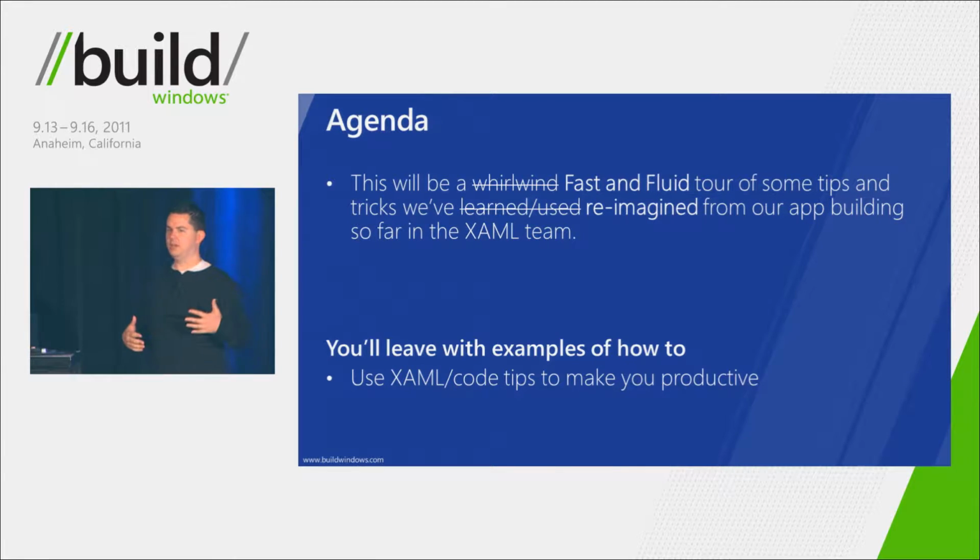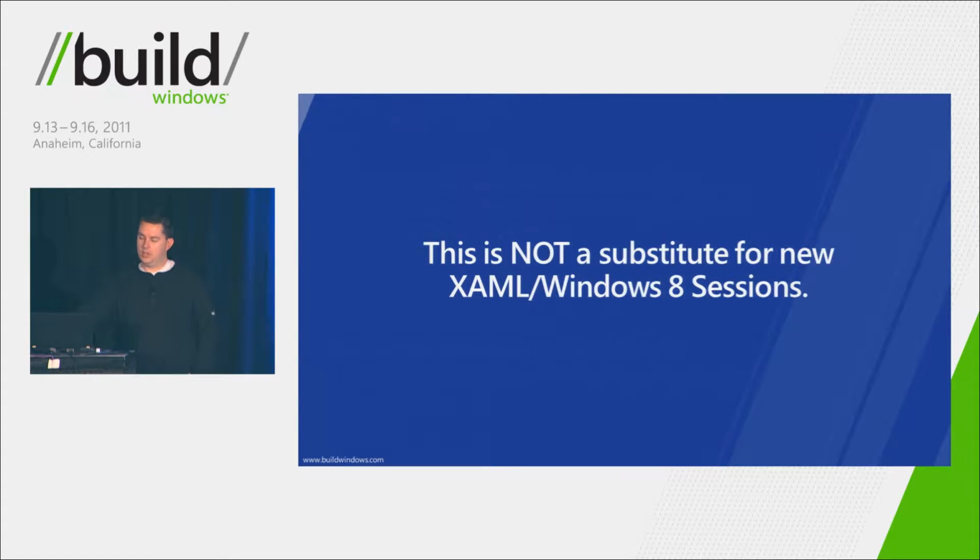What were some of the gotchas if you're coming from an existing XAML platform, or new to XAML in some areas and new to data binding in some areas? What would be helpful? So we came up with this list, and in the time allotted we picked 10 tips that we thought would be good, and I'm just going to go through them very quickly.